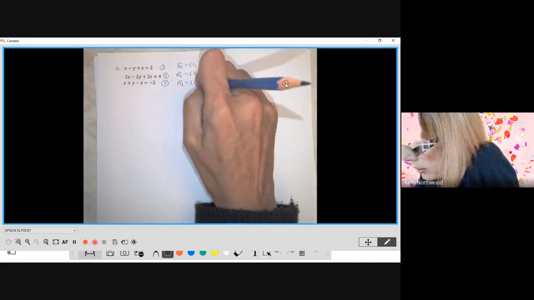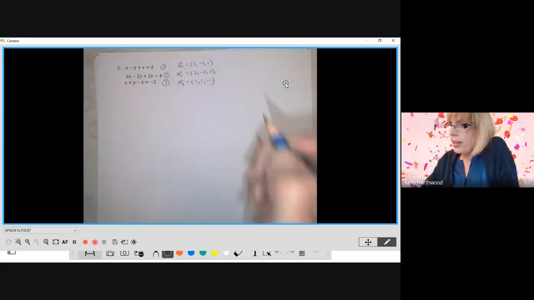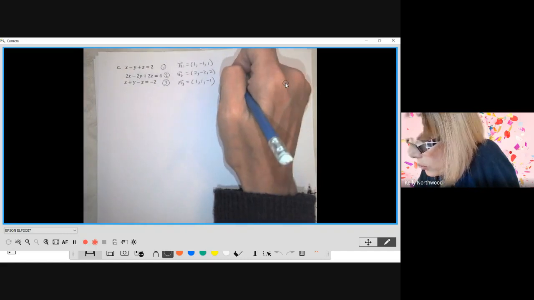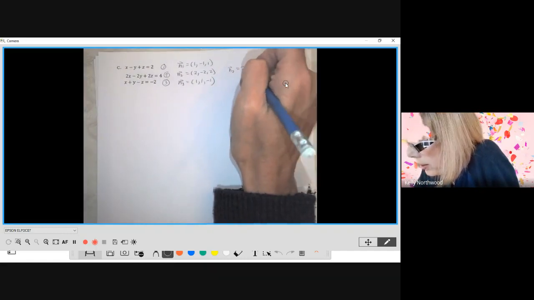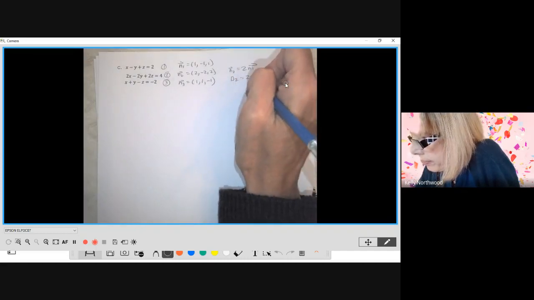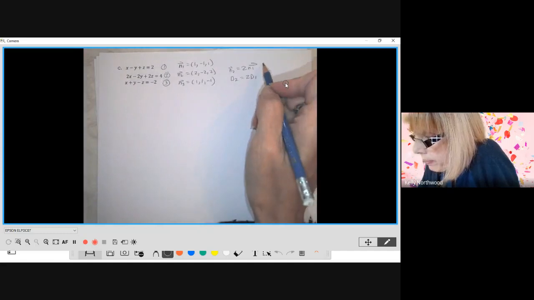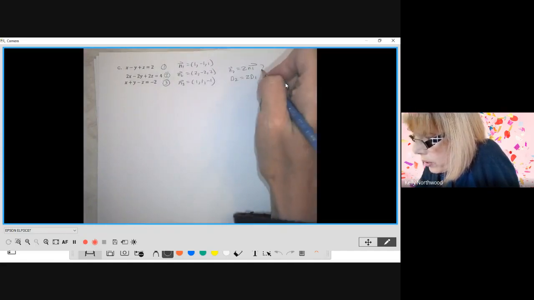Oops, it looks like we've got a scalar multiple here. It looks like N2 is 2N1. So now we'll check our D's. Yep, this is all true, which means pi 1 equals pi 2.